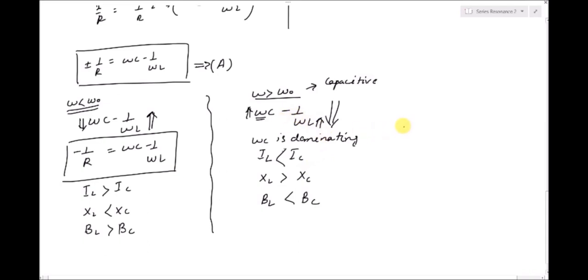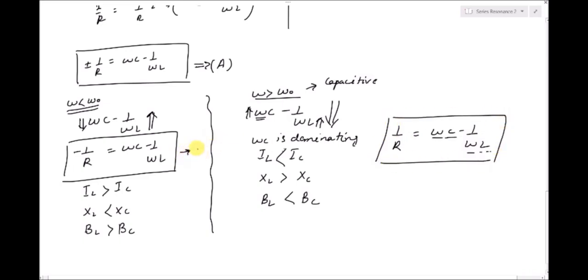So equation A for the second region, omega greater than omega naught, will become 1 over R is equal to omega C minus 1 over omega L. From equation number 1, you will calculate the lower cutoff frequency, and from equation number 2, you will calculate the upper cutoff frequency.